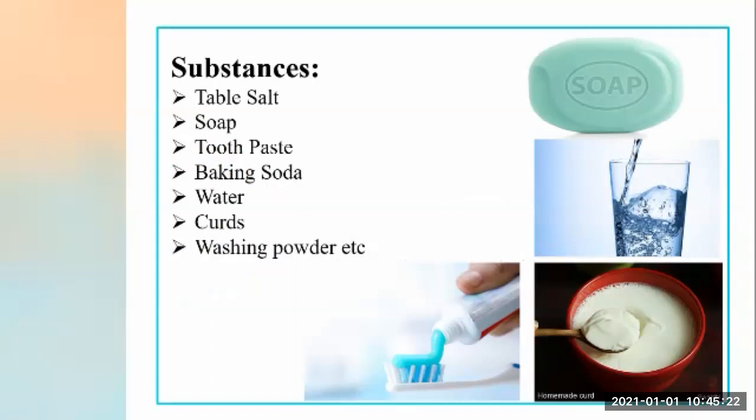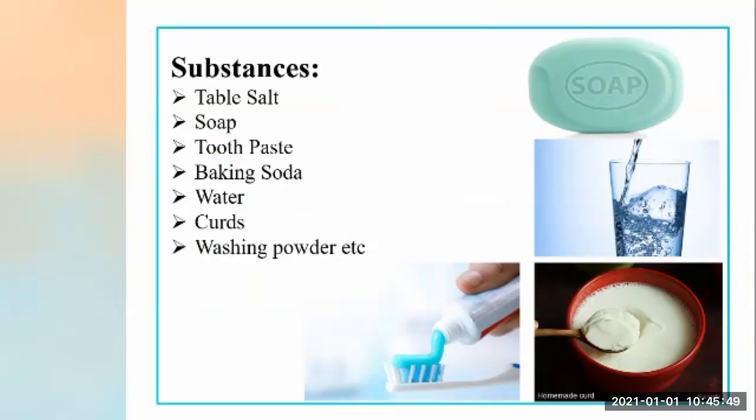Now see, which substances are we using, students? Some examples I have taken here. Can you see the photographs, the pictures I have posted? See, soaps we are using for bathing, water, then curd, homemade curd, right? Then toothpaste. These are all things which we are using in day-to-day life.